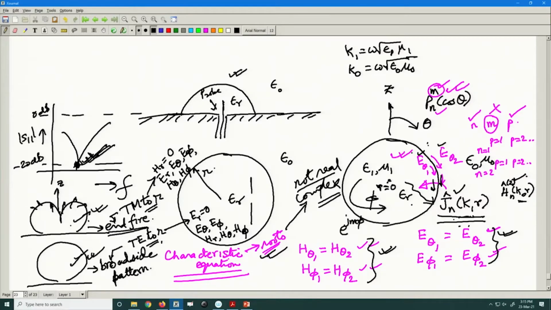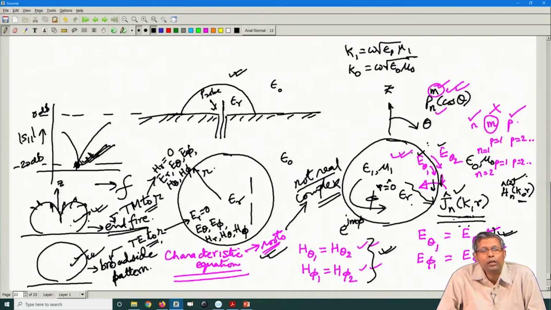That is, if you would simulate a structure in HFSS and things like that, you would imagine that the resonance frequency is coming out to be real. But no, if you actually follow the strict rigor of the analysis of antennas, you will discover that the roots from the characteristic equation are not real, they are complex. This has to be realized.